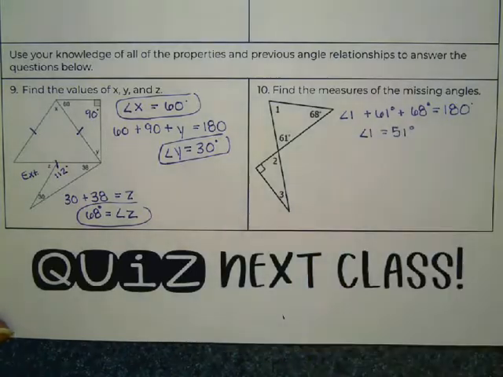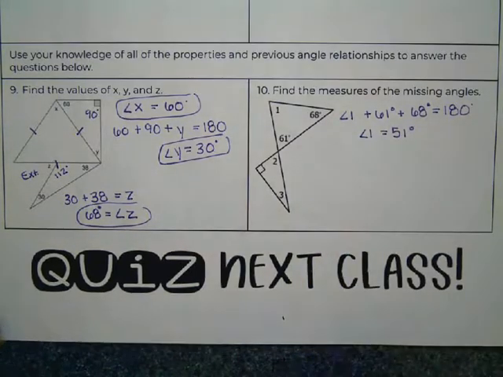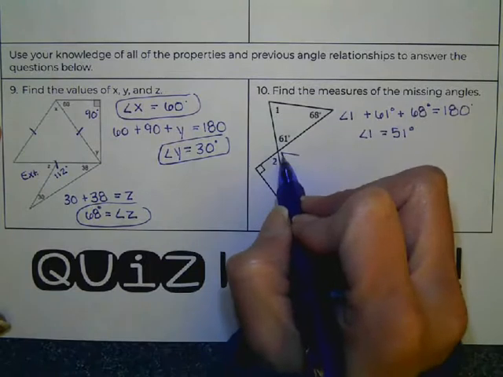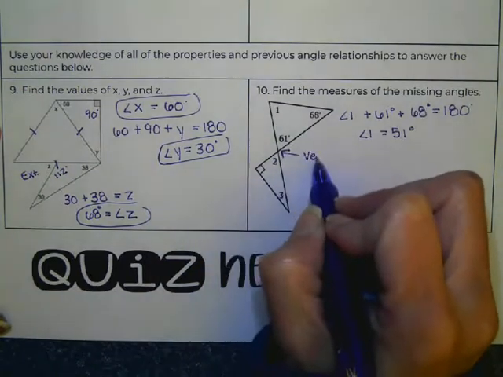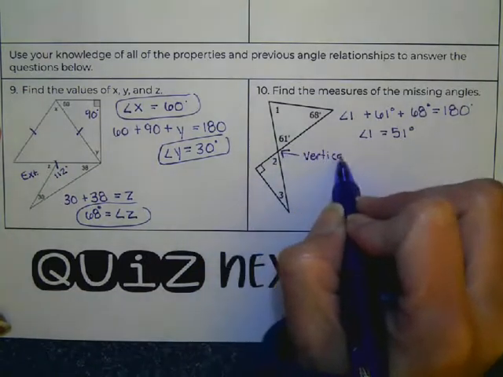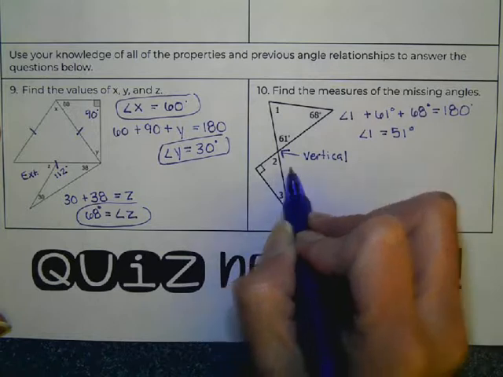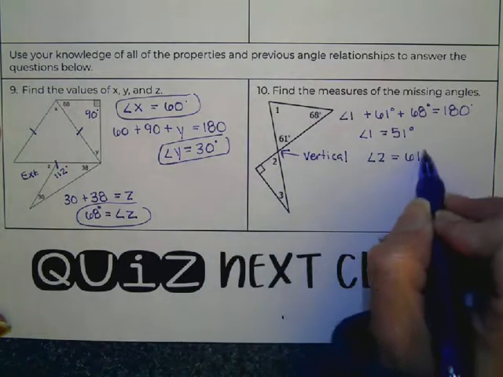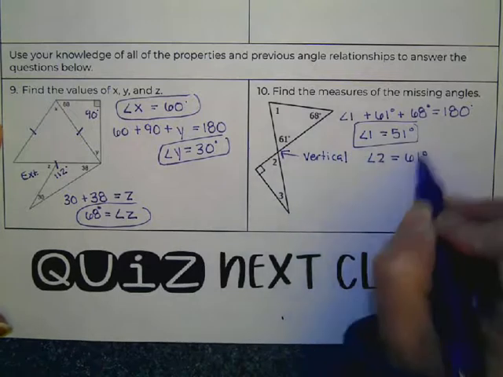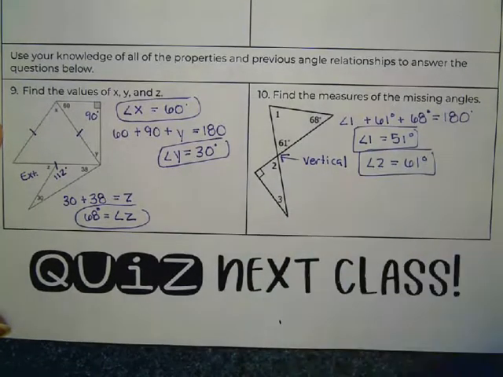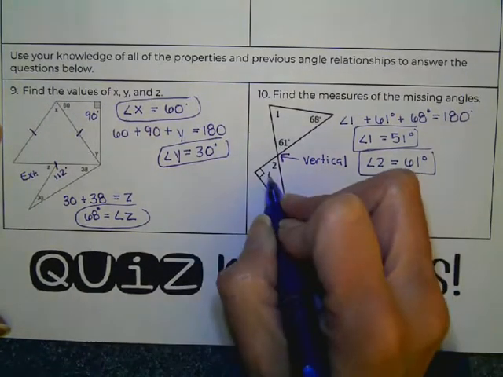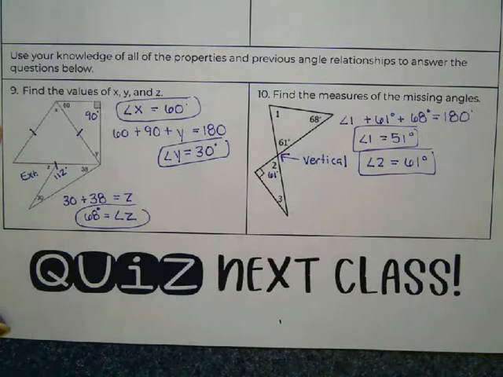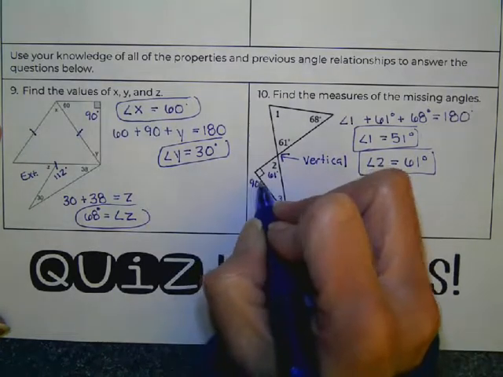Okay. Angle 2 here is considered a vertical angle, which we learned about in Unit 1. Vertical angles are equal, so angle 2 is going to equal 61 degrees. So we have angle 1, we have angle 2. If this is 61 degrees, and we know this box is 90 degrees, we can figure out angle 3.